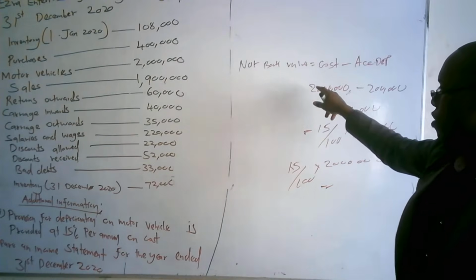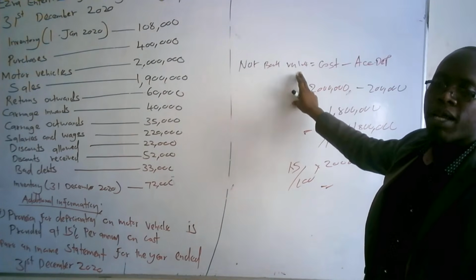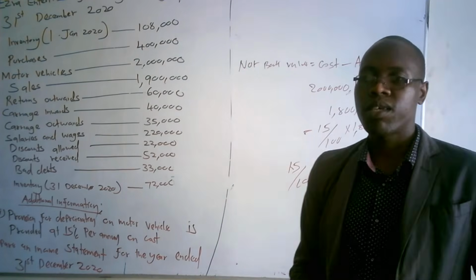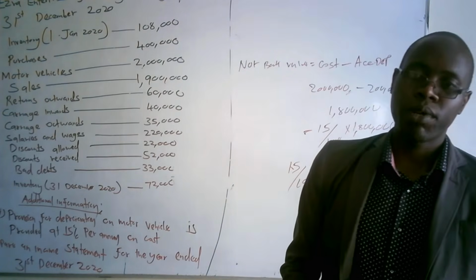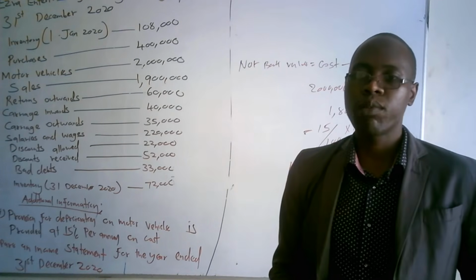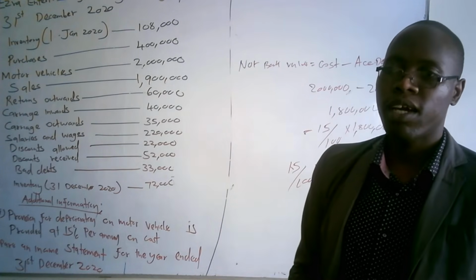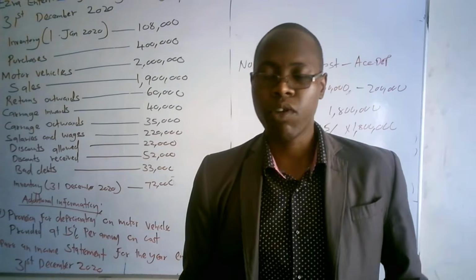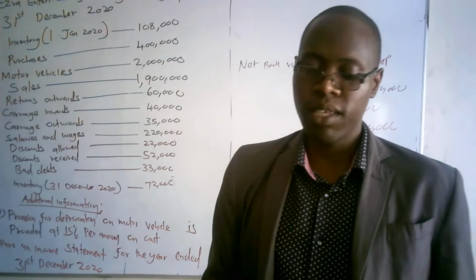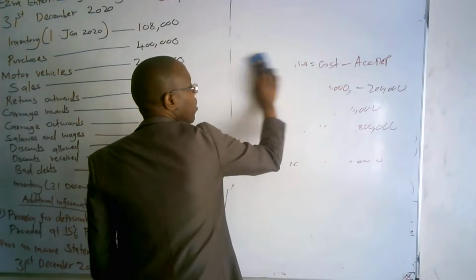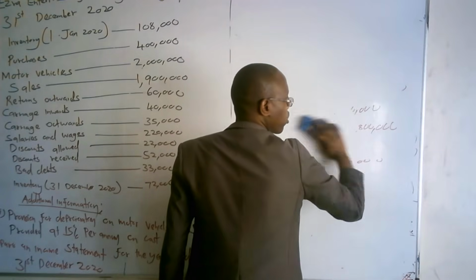On the net book value or reducing balance method, you must deduct the accumulated depreciation, and they have to give it to you for the motor vehicle so that you arrive at the net book value, and only then do you use that percentage to calculate depreciation. So in this case we just go direct, because depreciation is on the straight line method.